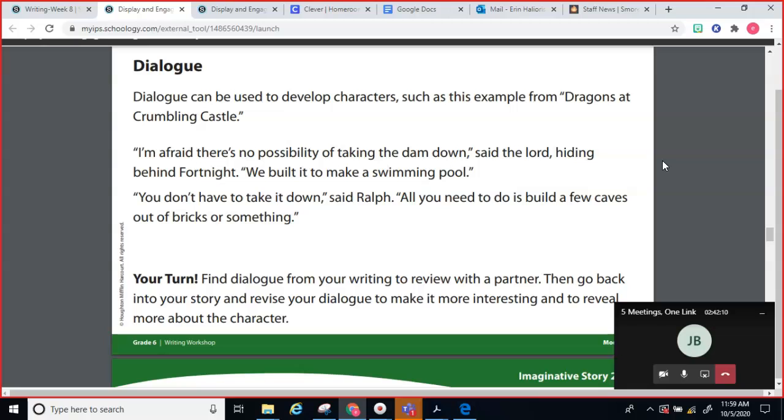It starts with an A. When you're staying calm and you're being respectful with what you want, you're being what? Assertive. Great. So he's being assertive. He's staying calm. He's being respectful to the Lord, just saying the things that he can do without taking down the dam.